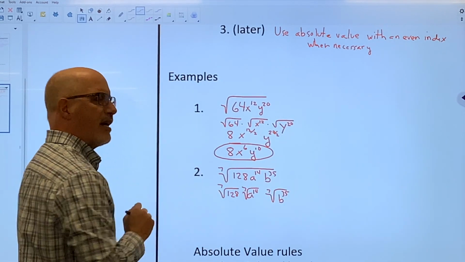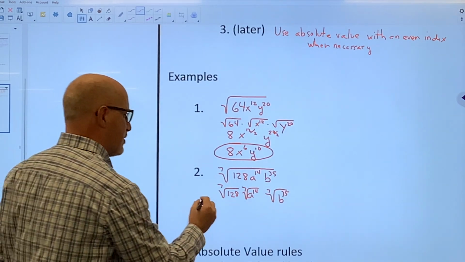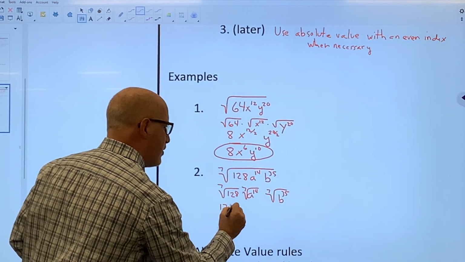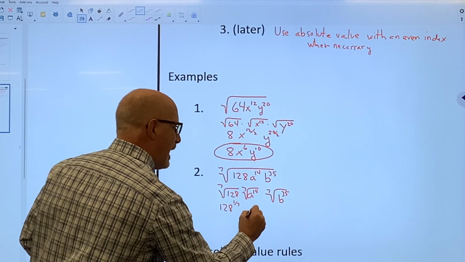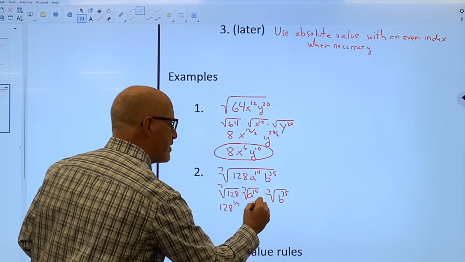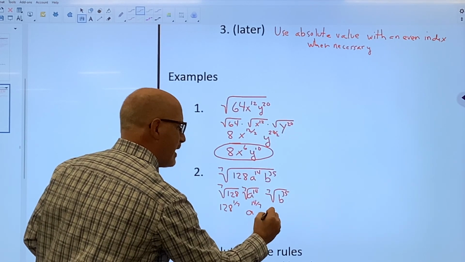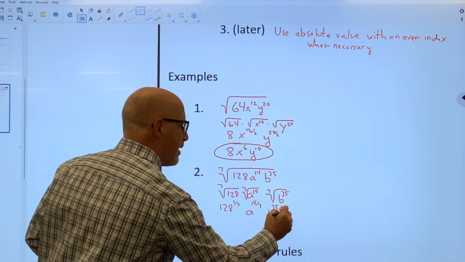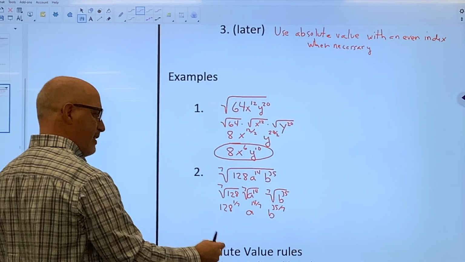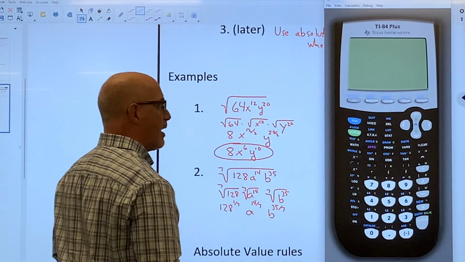Now, you might not know the 7th root of 128, so you might have to do this, 128 to the 1/7 power. This will be a to the 14 over 7, the denominator is the index, and b to the 35 over 7th power. Now I'm going to find this 128 to the 1/7 power.